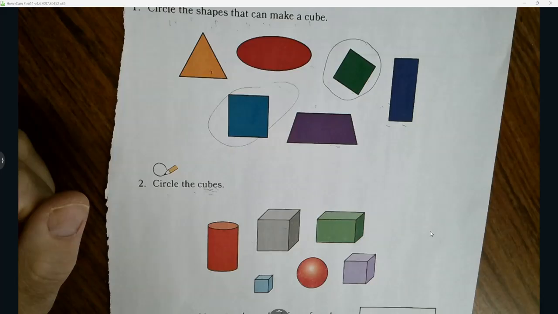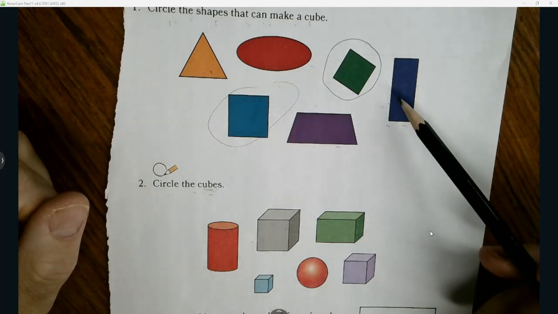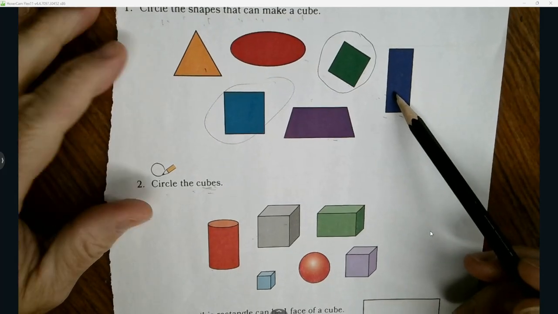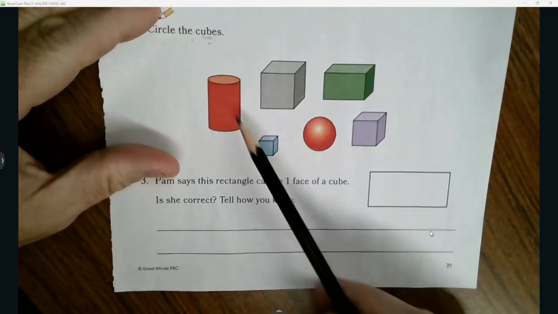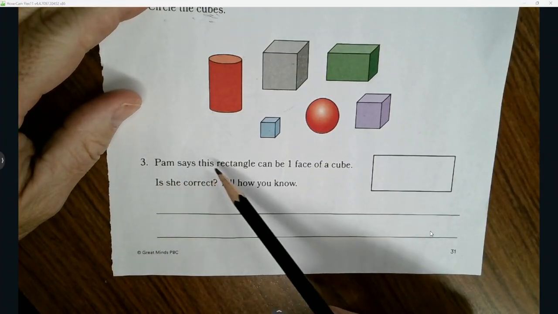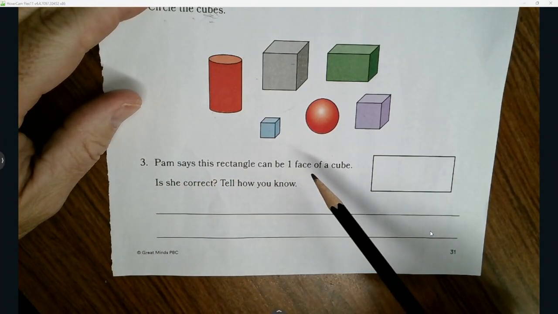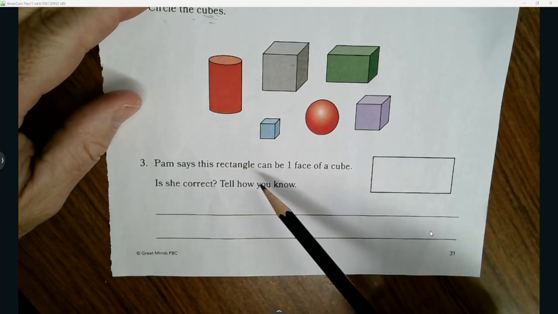And I want you guys to figure it out. I'm not going to help you with that one. You got to figure out, is this the face of a cube? And I'm not giving you that answer because you got to circle all the cubes here. Look down here at number 3. Pam says this rectangle can be one face of a cube. Is she correct? Tell how you know.